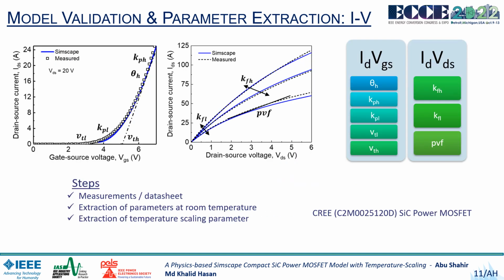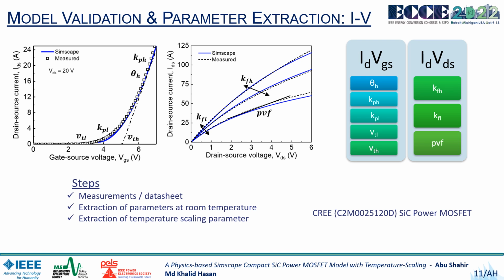A good fit between experimental and simulated data has been noticed here in the device transfer characteristics and the DC output characteristics. The low current gain KPL and the low threshold voltage VTL are extracted from the lower part of the transfer curve as shown in the figure on the left, while the high current gain KPH, the high threshold voltage VTH, and the mobility reduction parameter θH are from the higher part of the same curve.